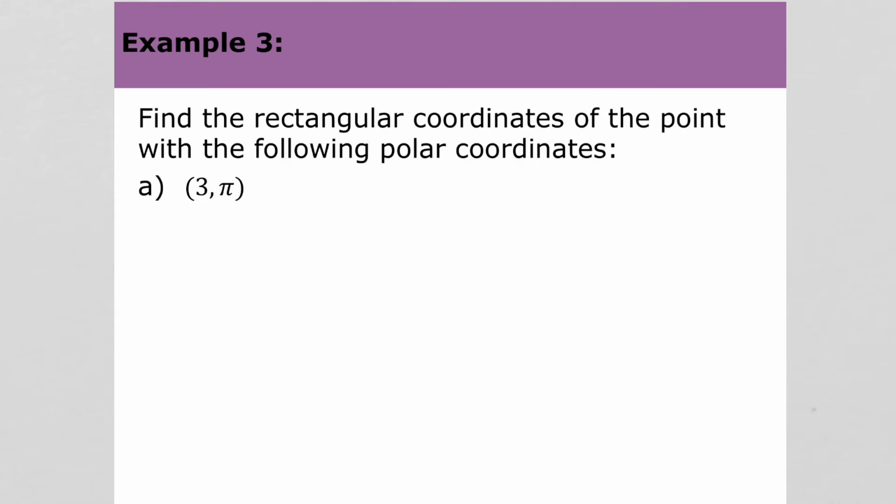So for example 3, it says find the rectangular coordinates of the point -3, pi. Well, we need to know what x is and what y is. So x would be r cosine of theta. Cosine of pi is just -1, so x is -3. Y would be r sine of theta.